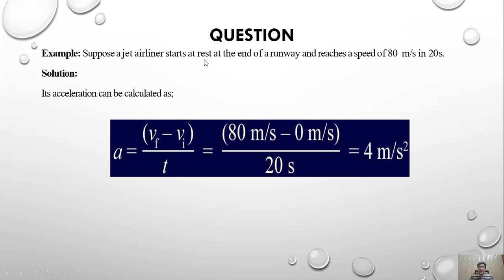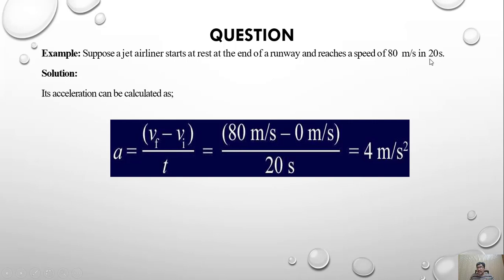So what will be the velocity? It will be zero. So I say that vi, the initial velocity, at rest, is 0 meters per second, and it reaches a speed of 80 meters per second, which I name vf, the final velocity, equal to 80 meters per second.